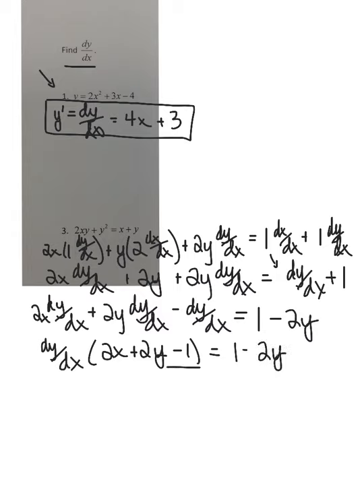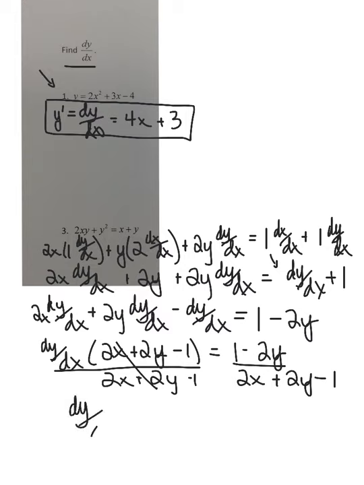And last step, I'm going to divide out this 2x plus 2y minus 1, because that's going to get dy/dx by itself, which is what we want, because that's what we're trying to find. So lastly, just to make it look a little pretty and clean, the final answer is 1 minus 2y over 2x plus 2y minus 1.